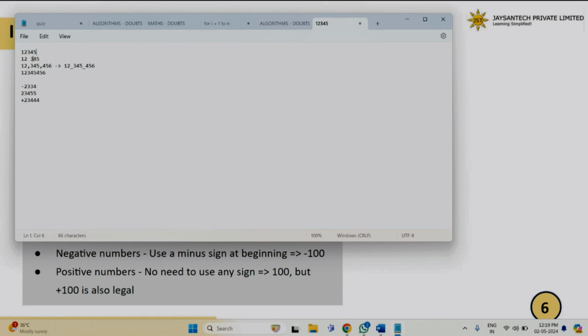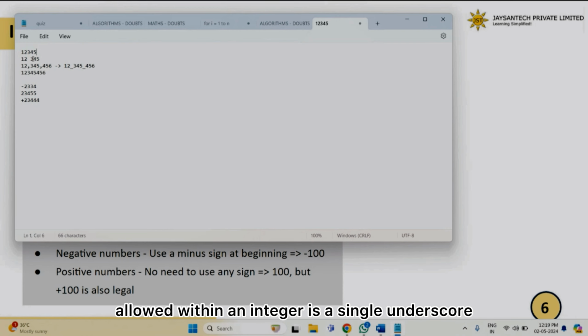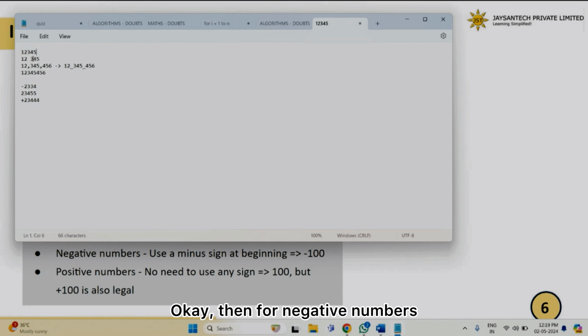The only special character allowed within an integer is a single underscore. Negative numbers are prefixed with a minus sign. Positive numbers need no prefix, but a plus sign is fine.